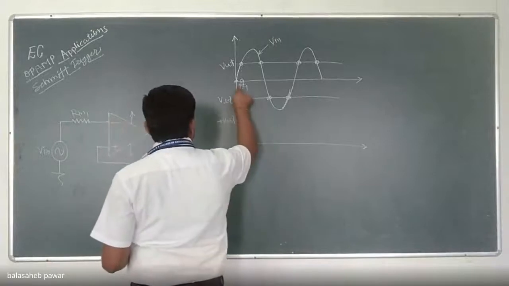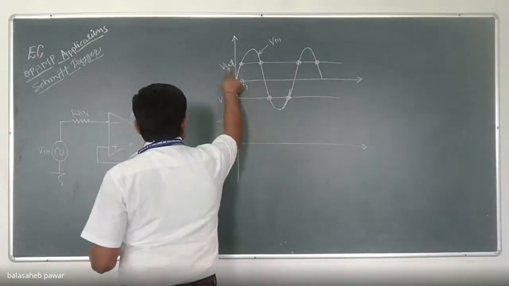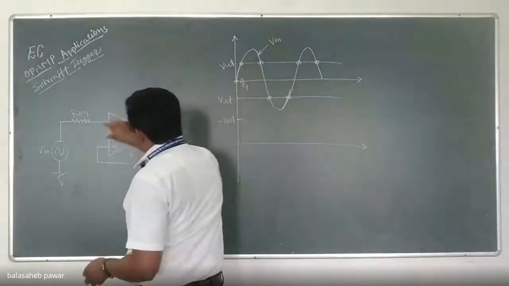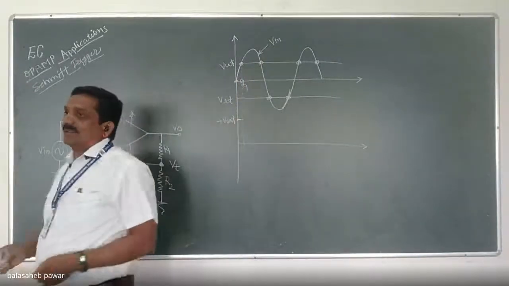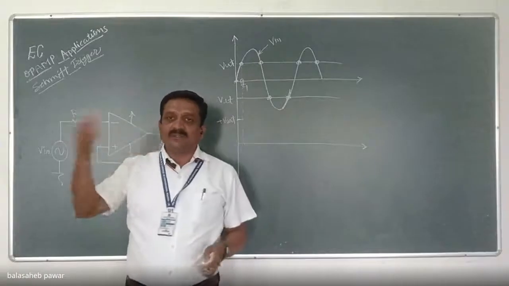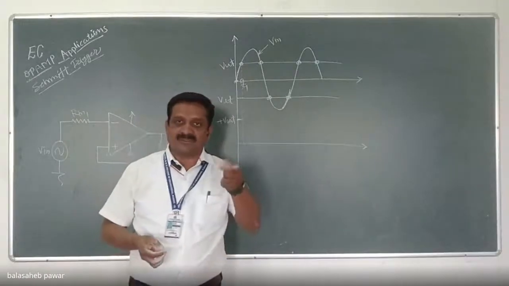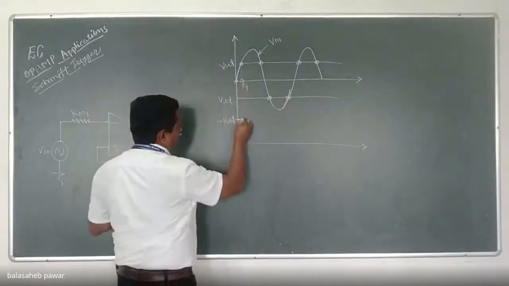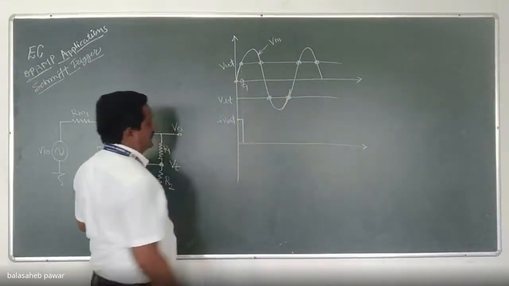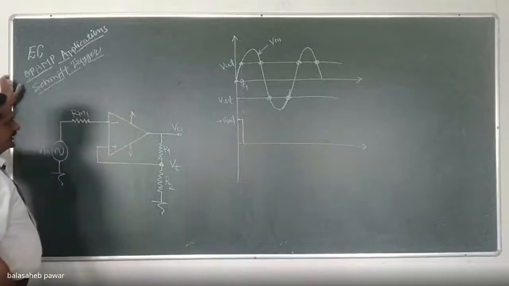Okay, so at t equals T1, VUT is equal to Vin. That's why the differential voltage will become 0, and hence the output will be differential input times gain. So the differential input is 0, so whatever the gain may be, the output will become 0. And hence at t equals T1, this output will go to 0. Correct?